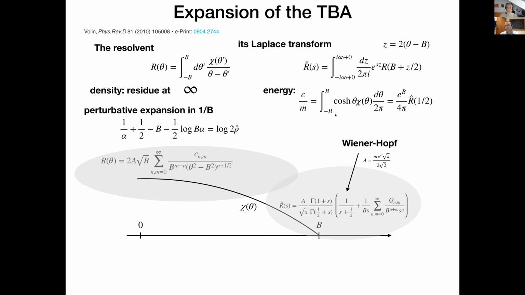So this means the z integral goes from minus 4b to 0. The resolvent of z is a function which is 0 for z larger than 0 and non-zero between minus 4b and 0.